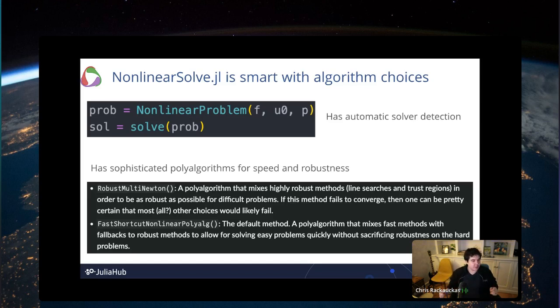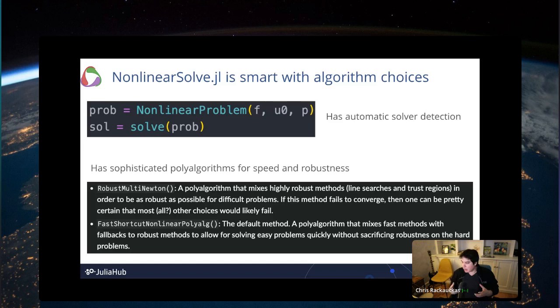If it's not converging fast enough, let's kick out of that and go to some kind of Newton method. So there are these poly algorithms I can make use of by default that choose different combinations of methods, either trying to get the fastest version, or guessing at what the fastest version is, or a super robust version, mixing a bunch of different robust methods.